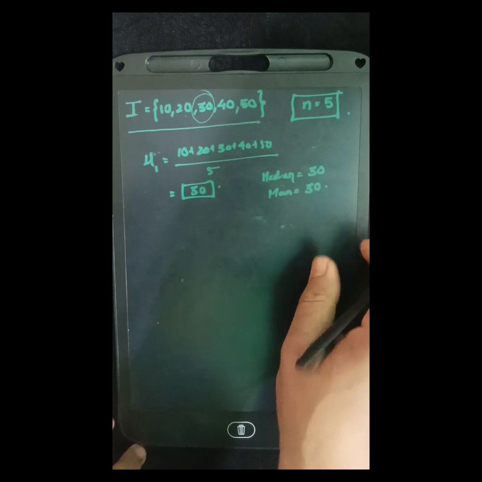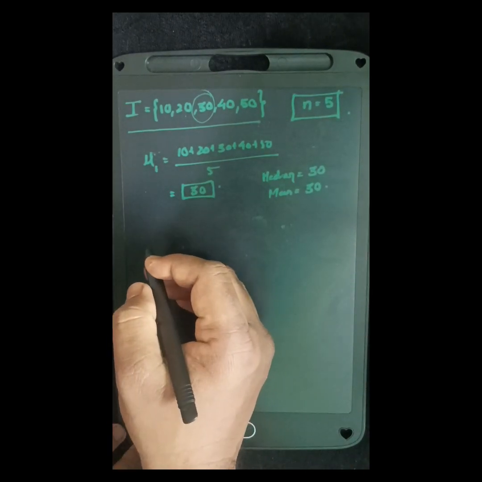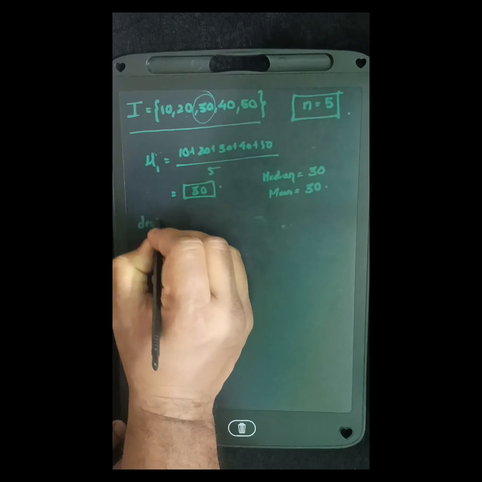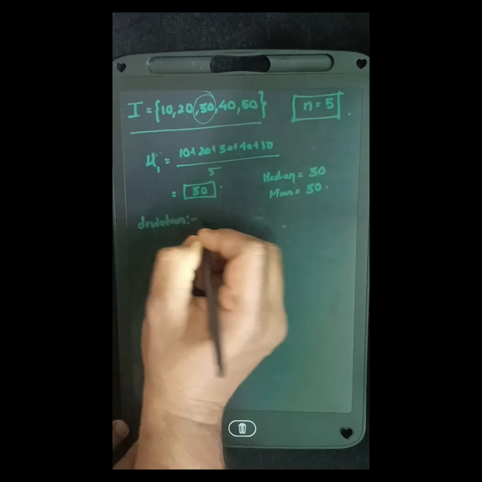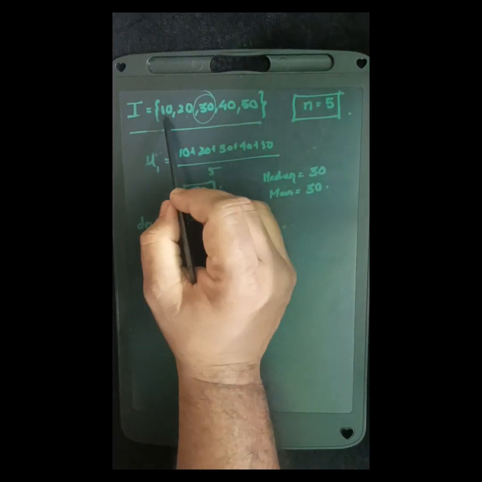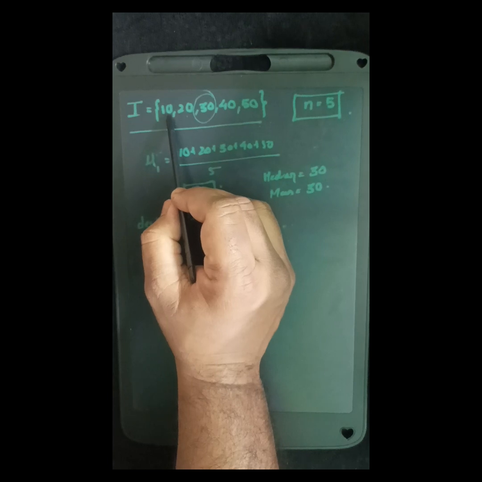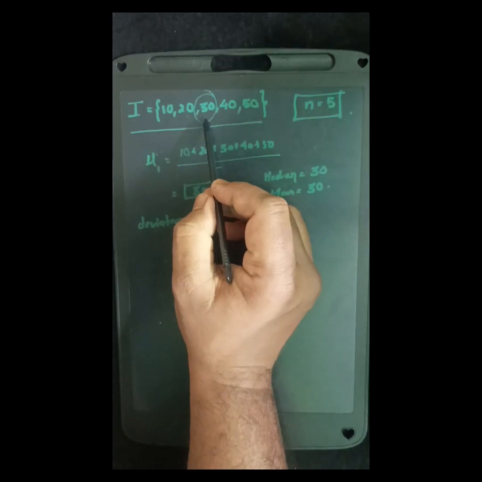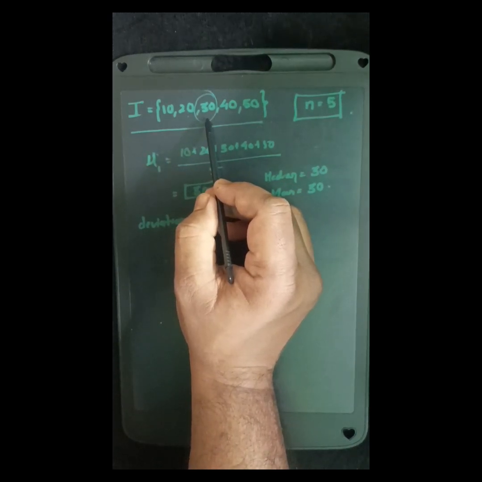And now we need to calculate the deviation. Deviation is basically how far away or how near each element in the data set is to the mean or median value.